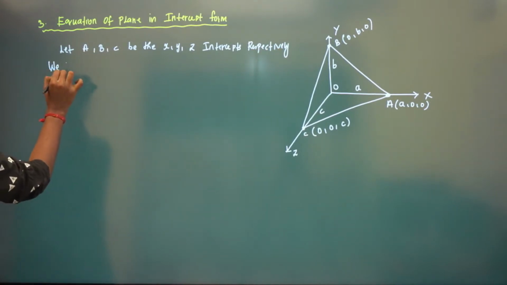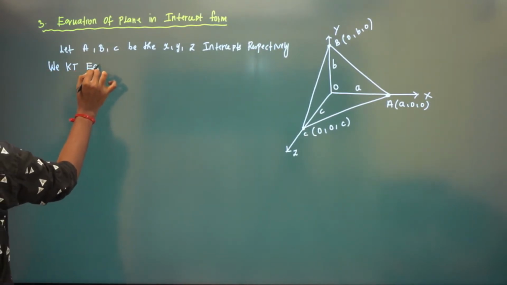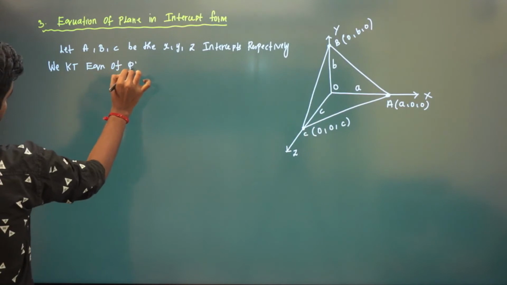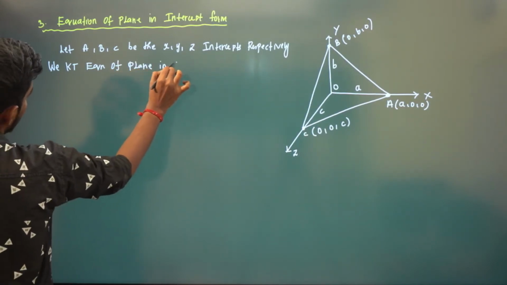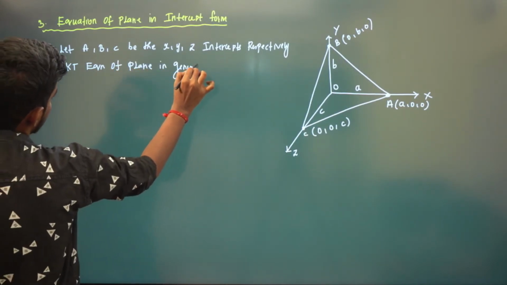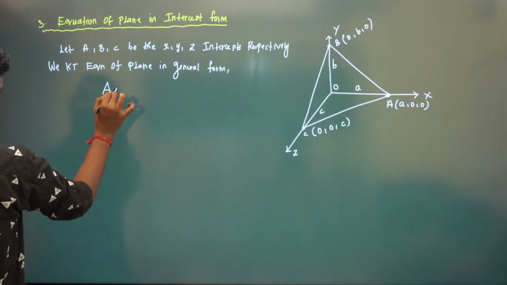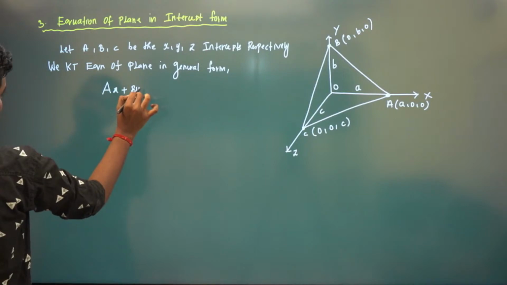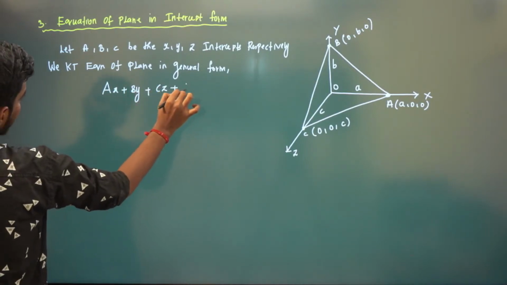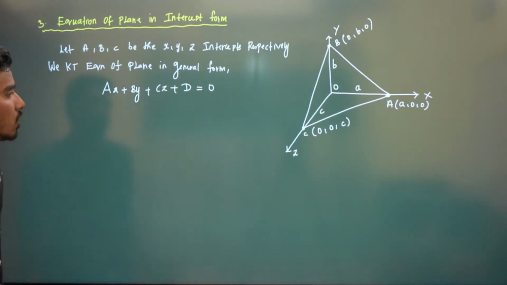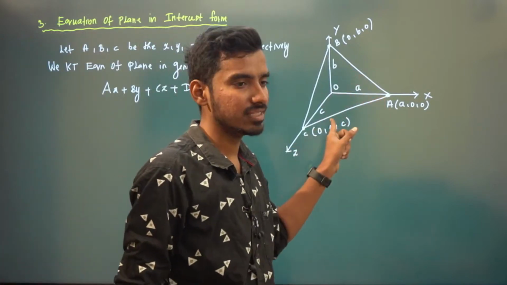So we know that equation of plane in general form is given by, see, I'm writing capital AX plus capital BY plus capital CZ plus D is equal to 0, just for a difference, because we are already using the small a, b, c here.